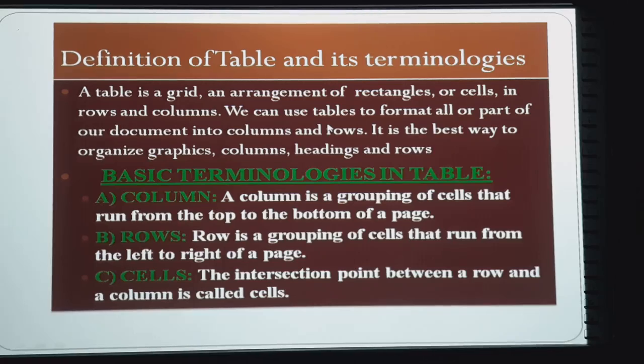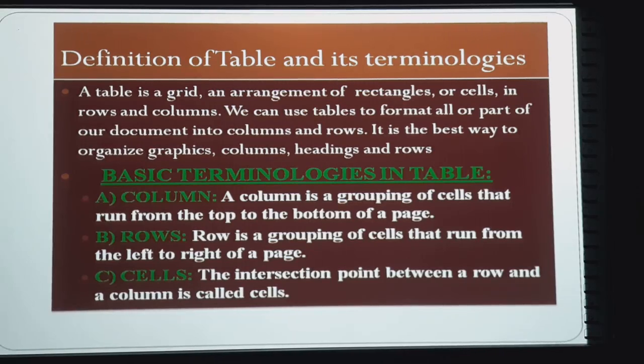Means we can change the layout, we can make any modification to it by means of columns and rows. It is the best way to organize graphics, columns, headings and rows.